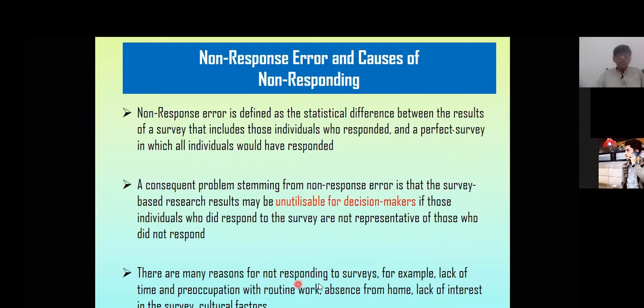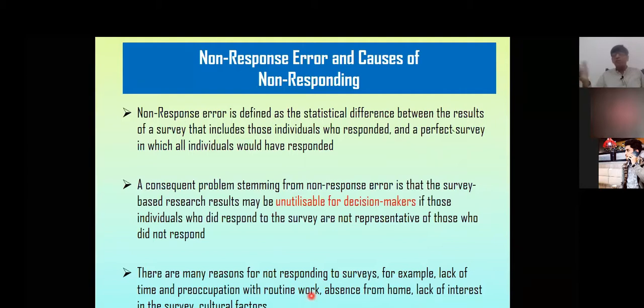And then there are many reasons for not responding to the survey. Now the question arises: why are people not responding to you? The reasons are: lack of time, the people in your sample size are much more busy, so probably they are unable to respond to you. And the preoccupation of routine work. They are sometimes out of the city for their routine work.